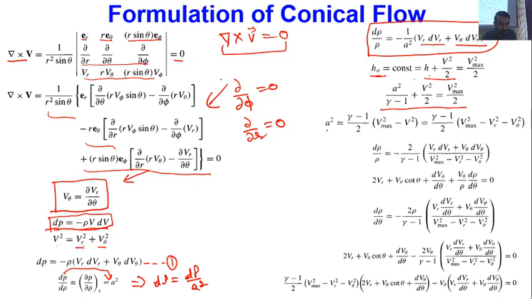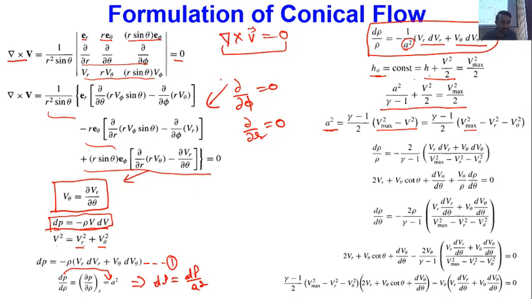So from here you can calculate the value of a square as gamma minus 1 by 2 into Vmax square minus v square. You can write v square as nothing but vr square plus v theta square. And then in your dp by rho, this a square term you can replace with this.